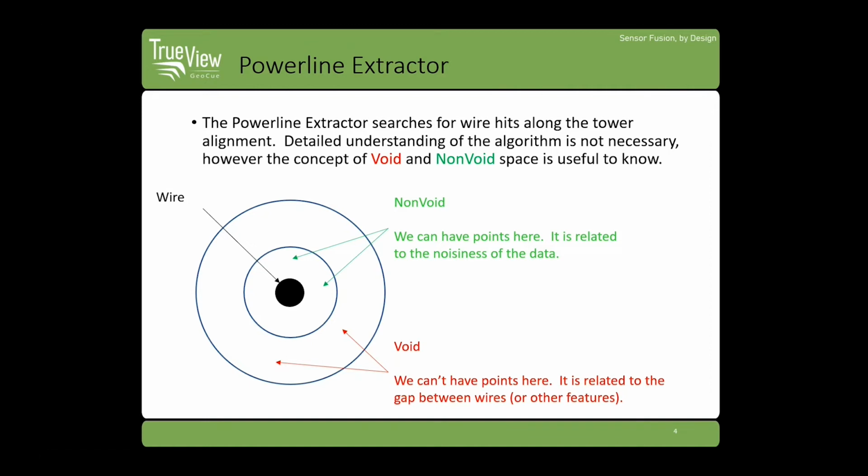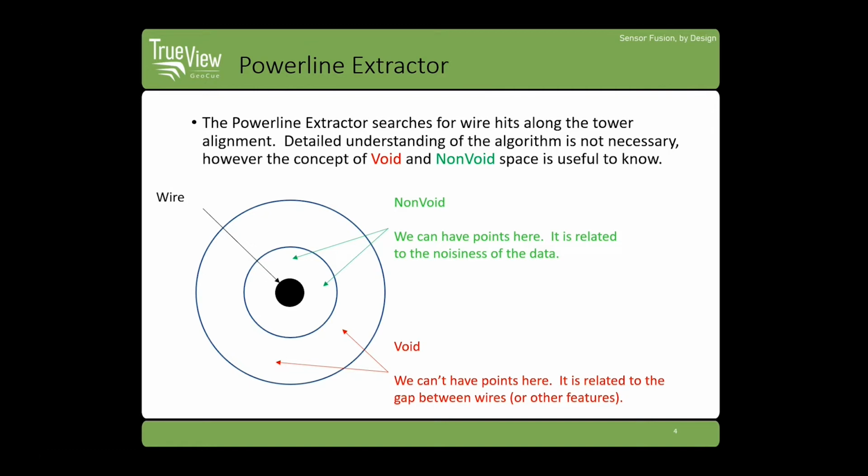So in order to be a wire, you not only have to have points in the non-void area; a free hanging wire then has just empty air around it, right? Hopefully, ideally, right? So that's that next bigger, larger circle, and that's what we call the void area. And so the algorithm looks for points that are grouped in the non-void area, surrounded by empty space in the void area.